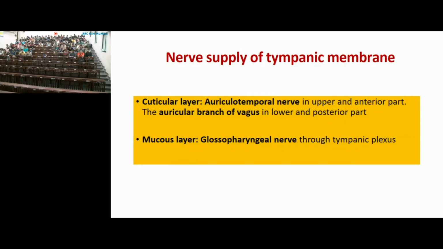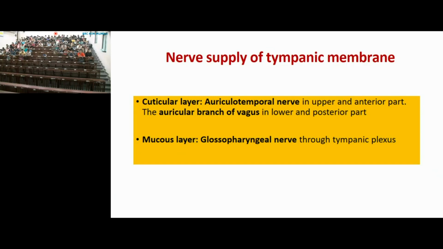The nerve supply of the tympanic membrane. There are 3 layers, right? The middle one is fibrous, the inner one is mucous and the outer one is skin. The outer cuticular layer will have nerve supply similar to the external acoustic meatus. The roof and anterior wall of the external acoustic meatus are innervated by branches from the auriculotemporal nerve.